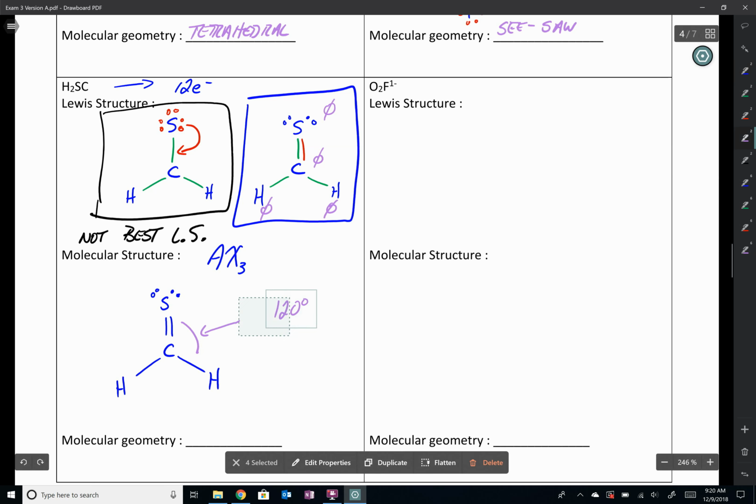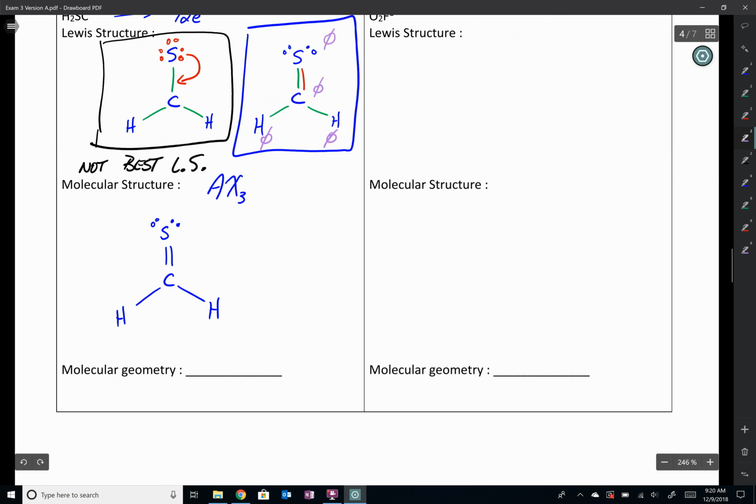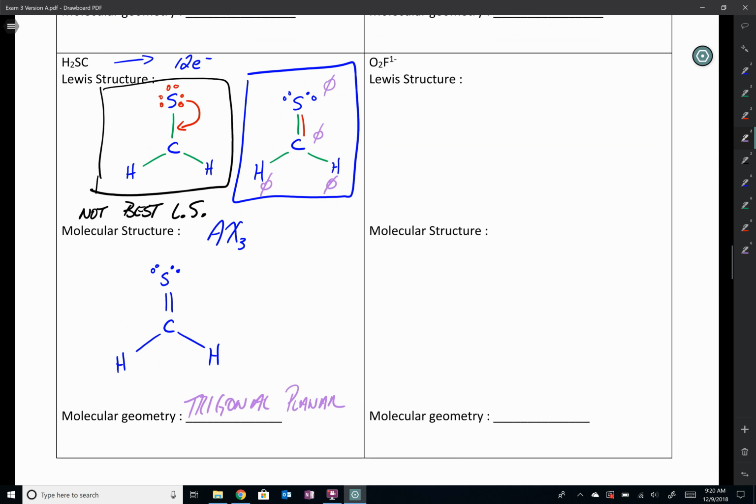So just make sure you draw, as best as you can, bond angles of 120 here. Remember, with molecular structure, the whole point is to show, as best as we can, what the actual structure looks like. Okay? Perfect, wonderful, beautiful, trigonal planar molecular geometry.